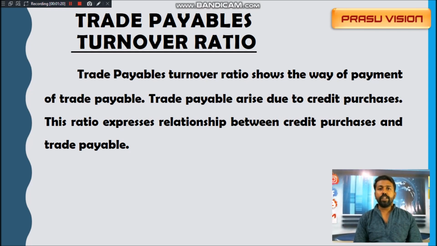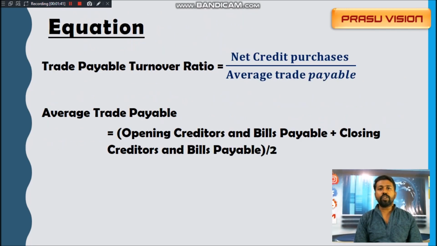This ratio is very important. It indicates within how many days the companies are paying the amount of credit purchase. That is why it expresses the relationship between credit purchases and average trade payable. So it is very easy to calculate.